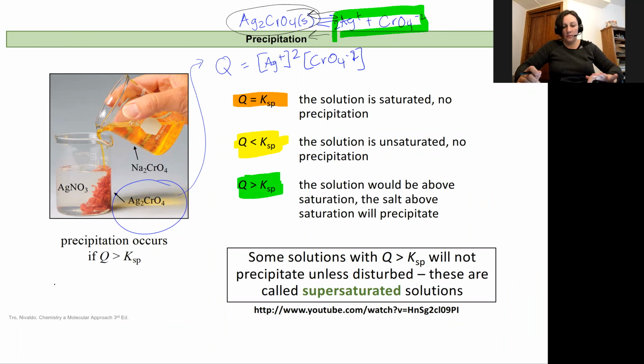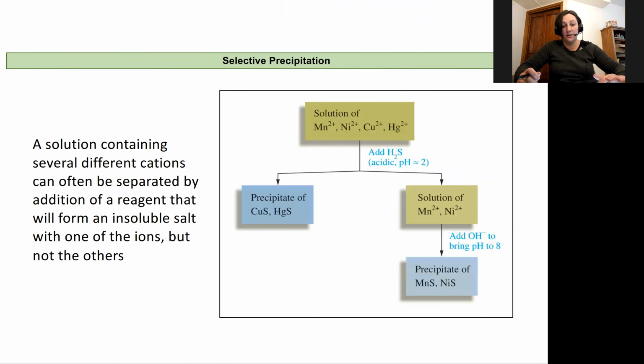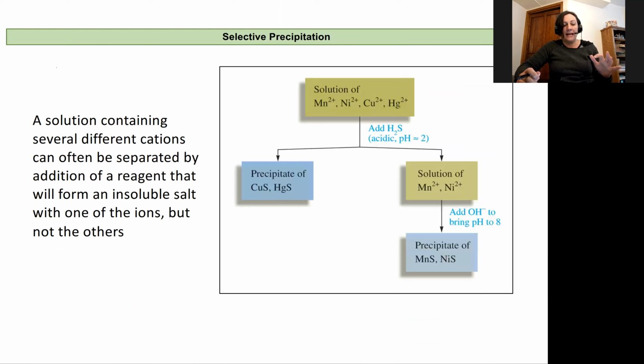Now, we can take advantage of different compounds having different solubilities and use it to selectively precipitate one compound over another. We can use this to separate mixtures of compounds. And being able to separate things in chemistry is a whole subset of the field, because once you make something, you need to be able to isolate it.